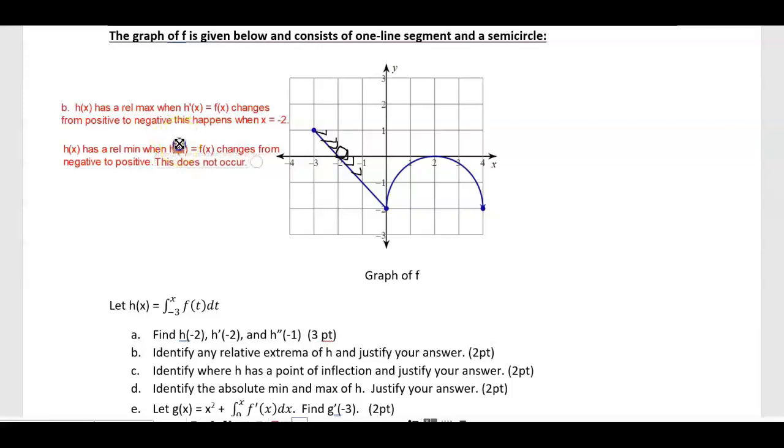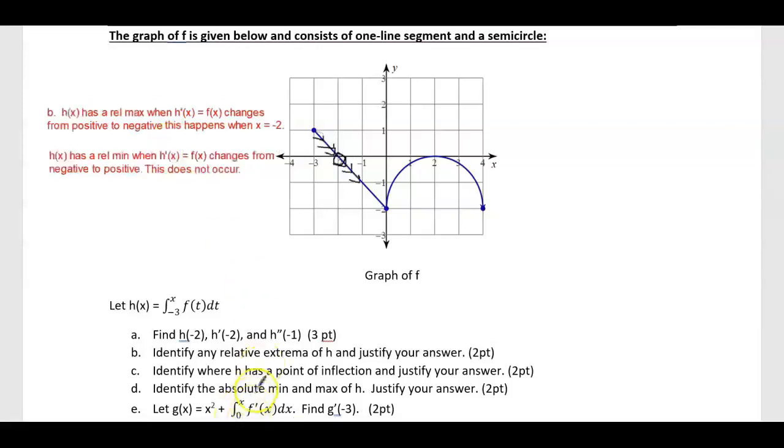Okay. Now, it's important whenever you're doing these kinds of explanations that you give reference to the function that they're asking about. Like the question is asking us about the function h, right? So you have to reference h in your answer. But you also have to reference f because you're connecting them. We're talking about h, but we're using f to answer our question. And the connection is the fact that f is the derivative of h.